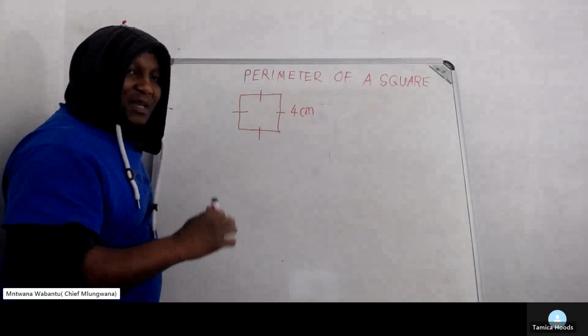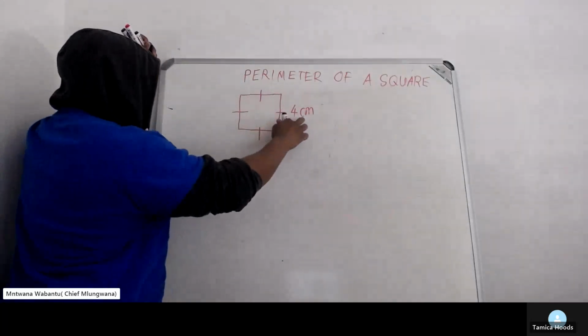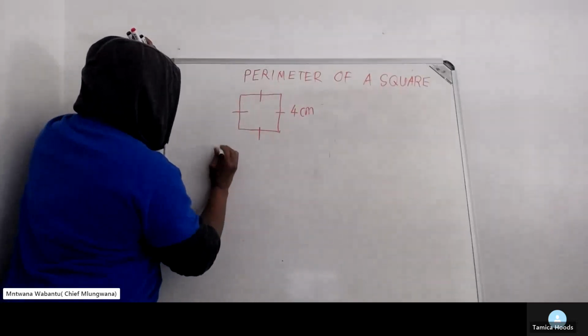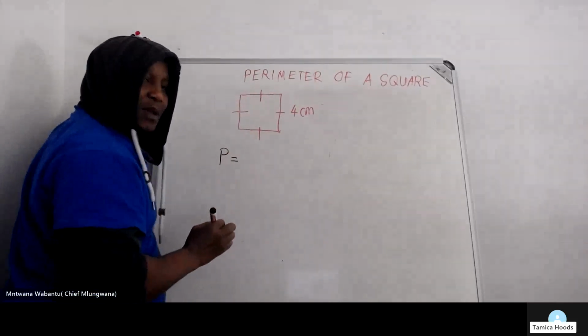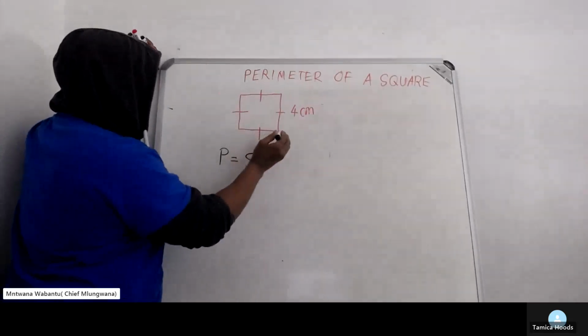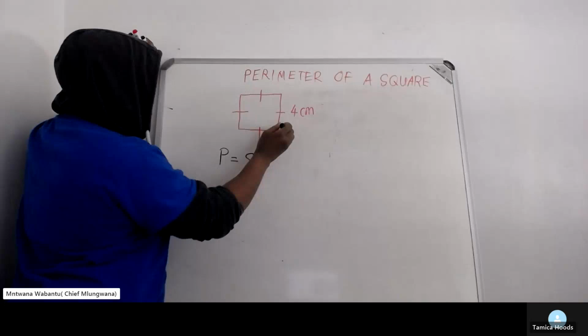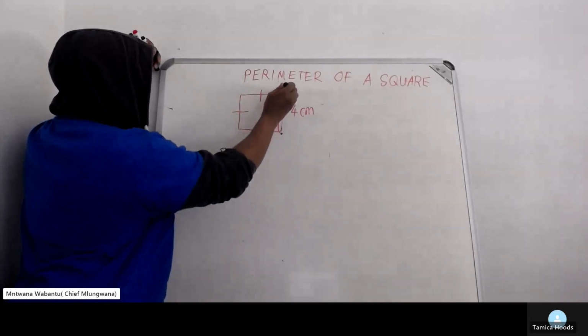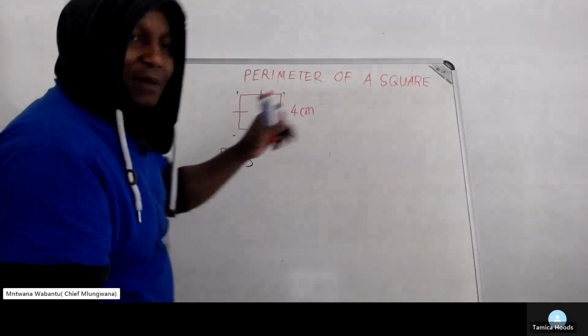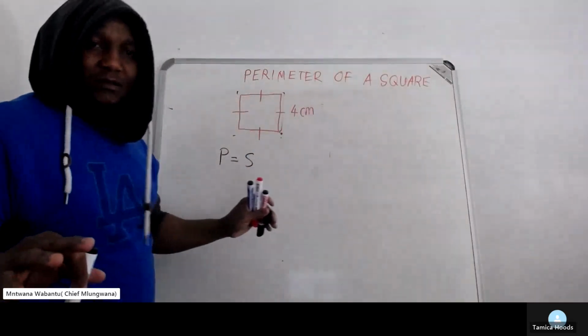So now we say perimeter is easy because if this is 4 here, here is going to be 4 because this is a square: 4, 4, 4. For perimeter, if I start here, I'm going to walk 4, 4, 4, 4, and then you add them together. Finish.